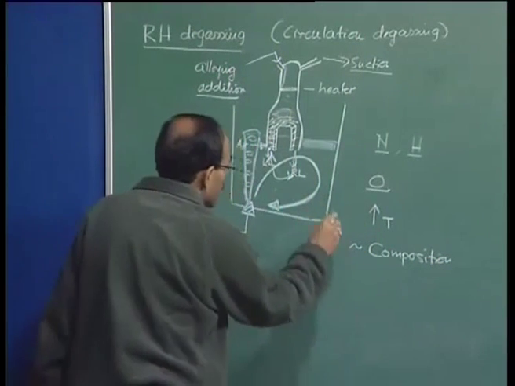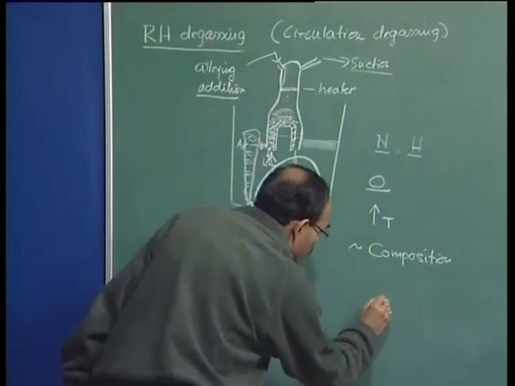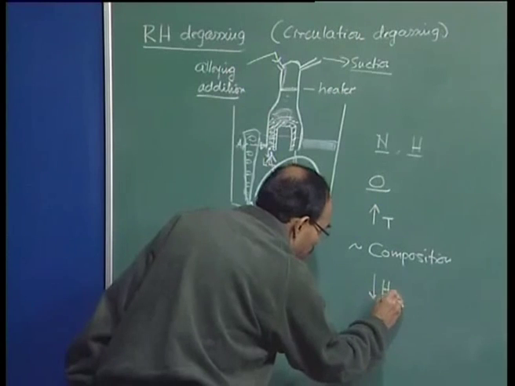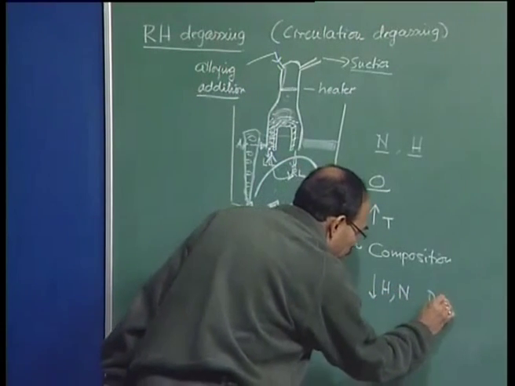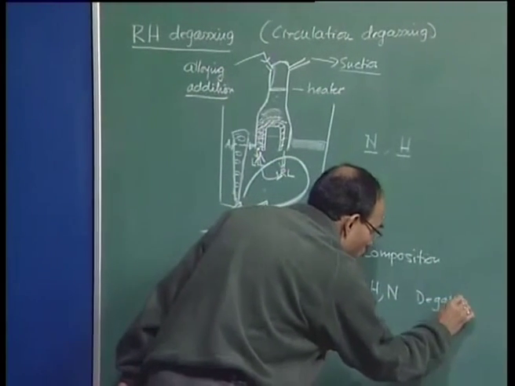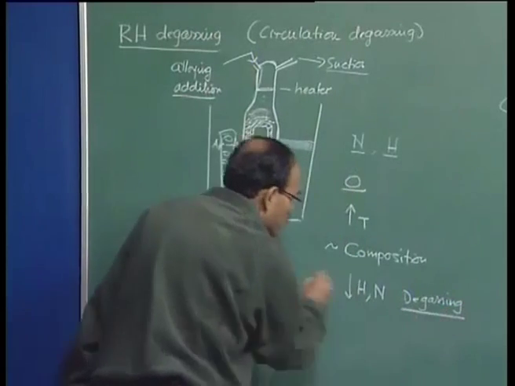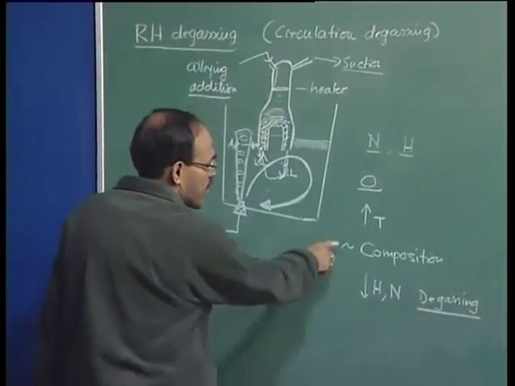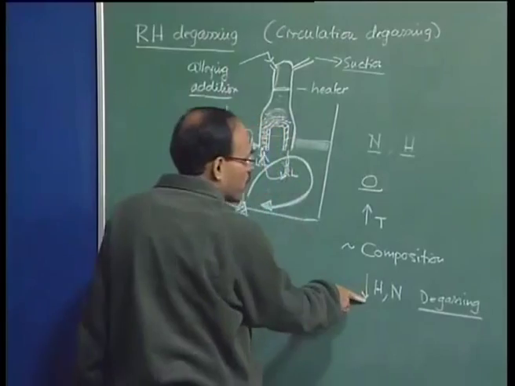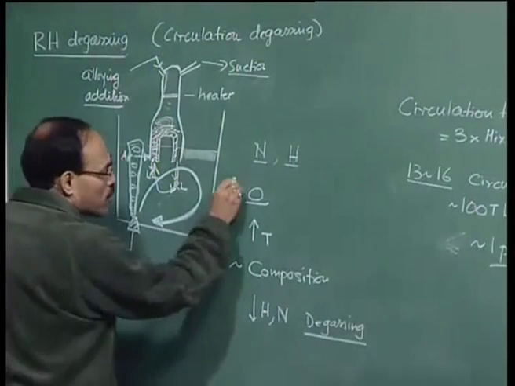We have been able to remove hydrogen and nitrogen through degassing. So, composition is correct, less amount of hydrogen and nitrogen, temperature is up, oxygen is down.